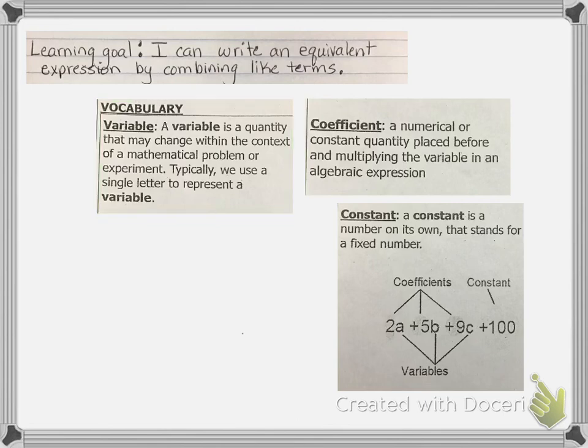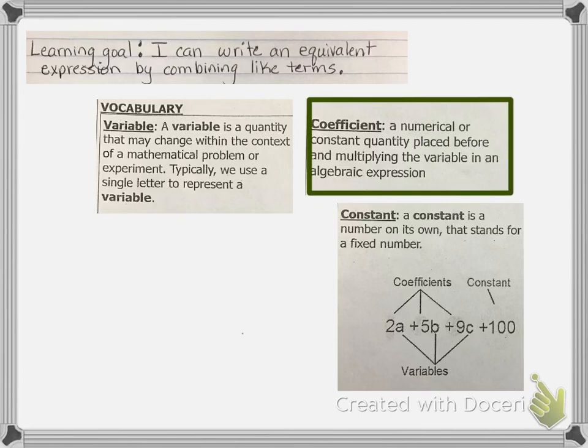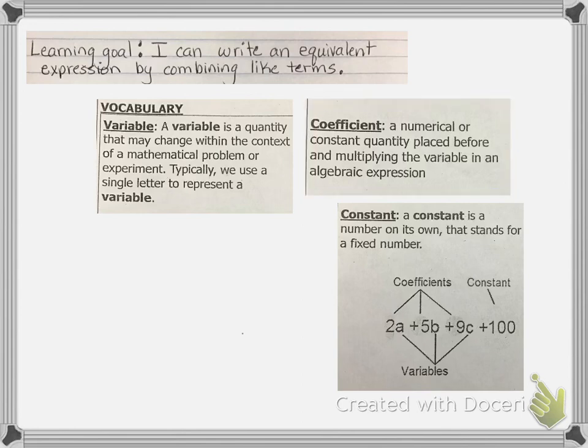Next is our coefficient. The coefficient is a number or a constant quantity placed before and multiplying the variable in an algebraic expression. And then last, we have our constant here. The constant is a number on its own that stands for a fixed number.